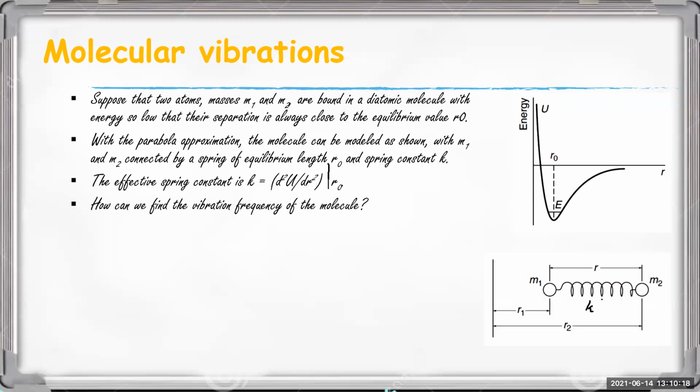What is the equation of motion? If the molecule is vibrating, we can write using Newton's laws, F is equal to m into a, where m is the mass and a is the acceleration.